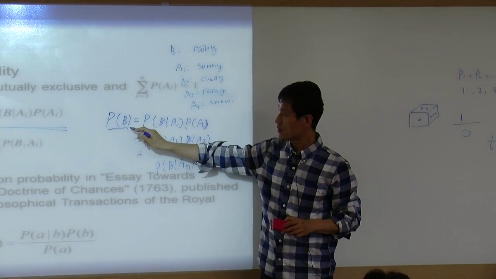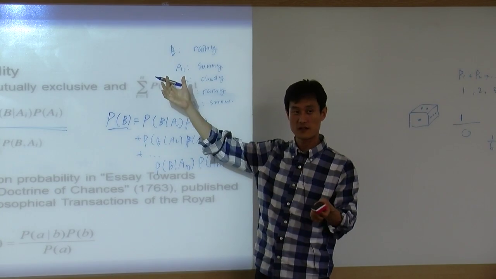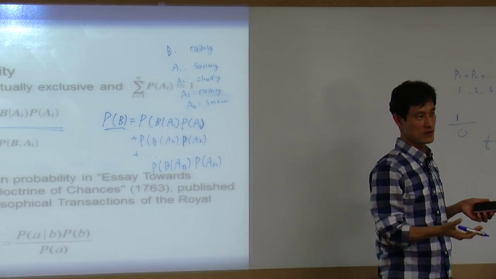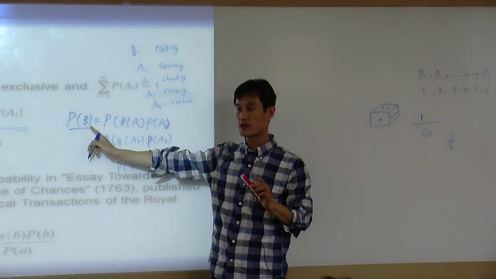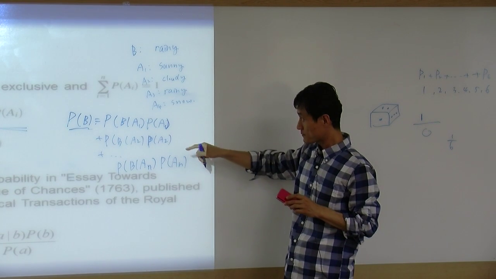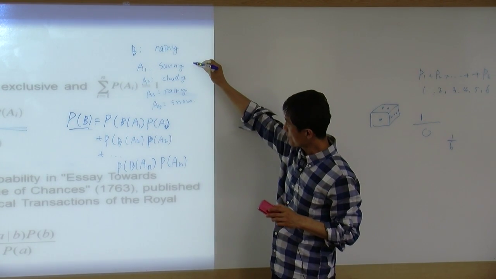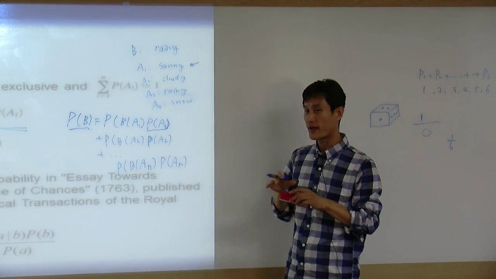This basically means: what is the probability that we have rain in general? What is the probability that you have rain for the day? In order to calculate that probability, first you can calculate the probability that it's sunny for one day.